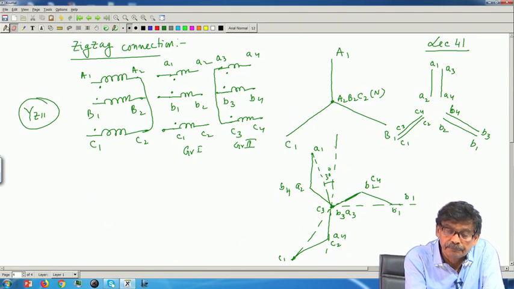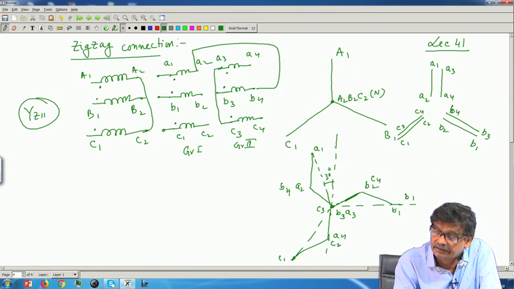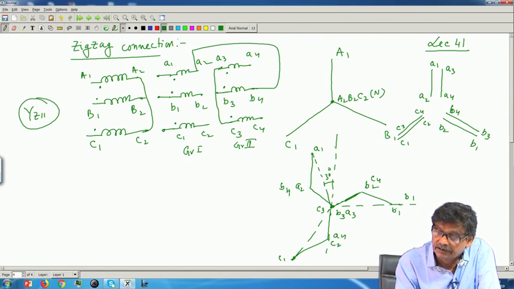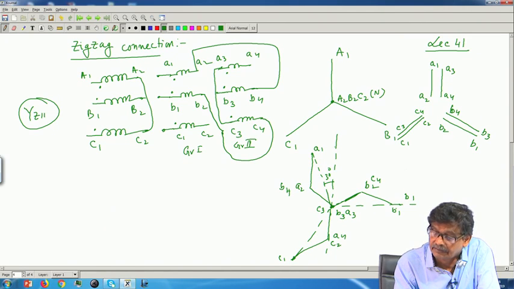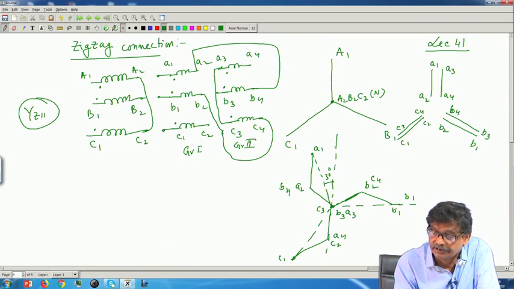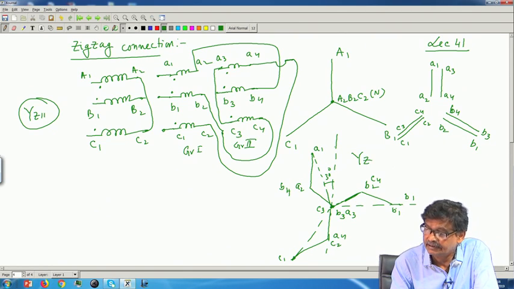So, A2 I will take and join with B4, then B2 I will join with C4, that is this one, and C2 with A4, and your connection is over, and this is YZ11.